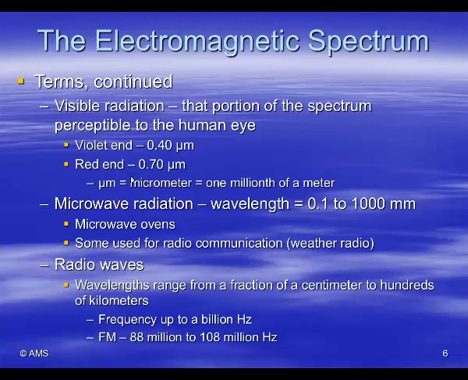As we said, microwave radiation is used in microwave ovens to heat food. It's also used in radio communications. And radio waves have wavelengths which range from a fraction of a centimeter to hundreds of kilometers.